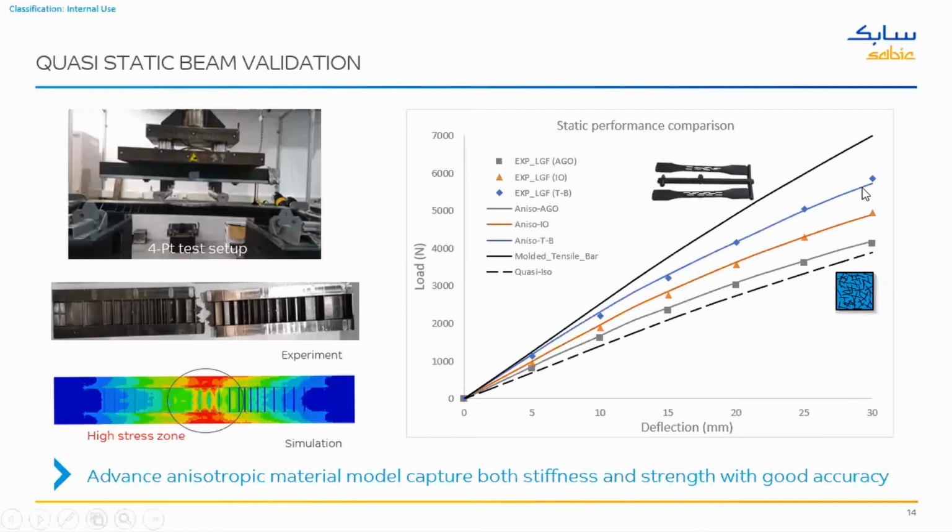But this result also gives another clue: many a time the designer designs the part with just quasi isotropic material data to be more conservative, but to reach the required stiffness, he has to add much more material in the part.